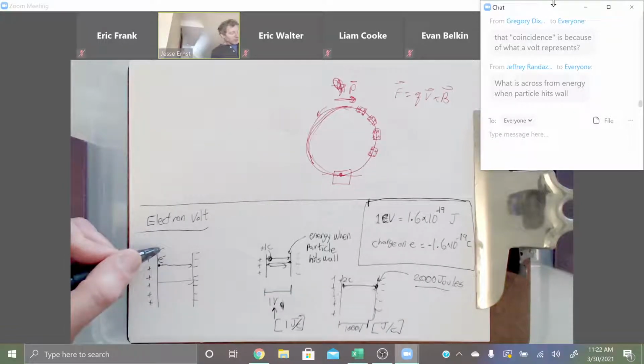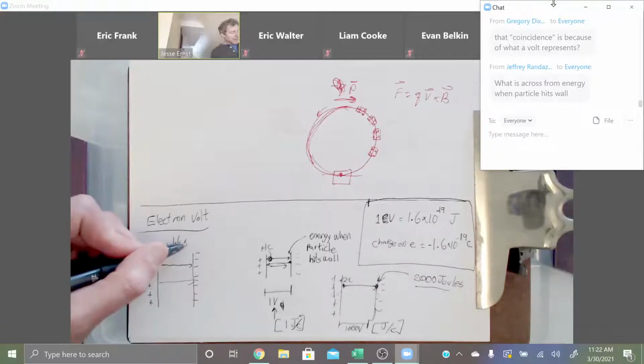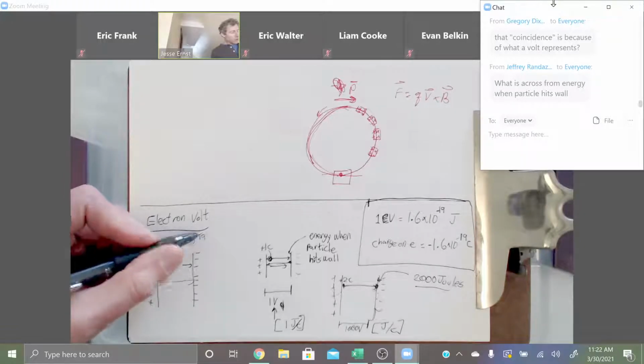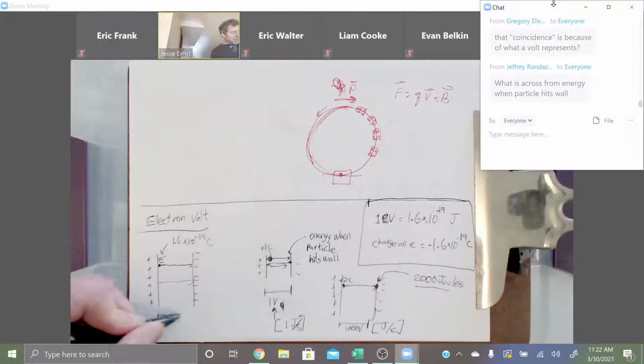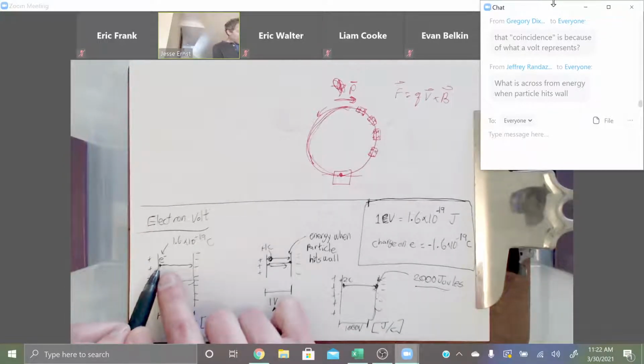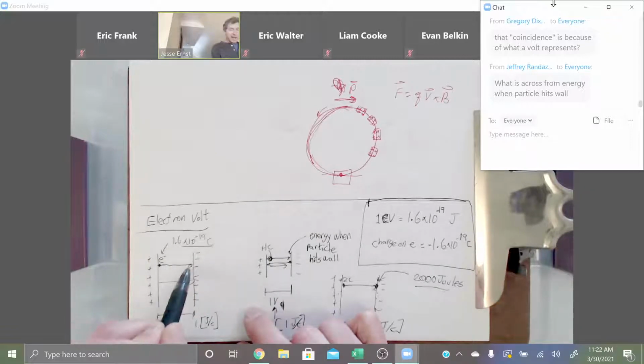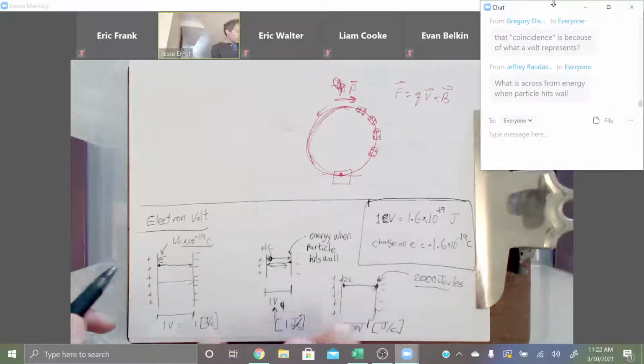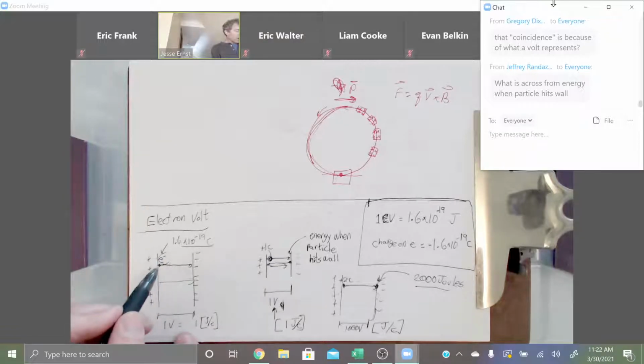Okay, so the electron's charge is 1.6 times 10 to the minus 19th coulombs. And if this is 1 volt, which is the same as saying 1 joule per coulomb, how much energy does it cost to push this many coulombs from there to there? Well, it'd cost me 1 joule if that were a full coulomb, but it's only this.